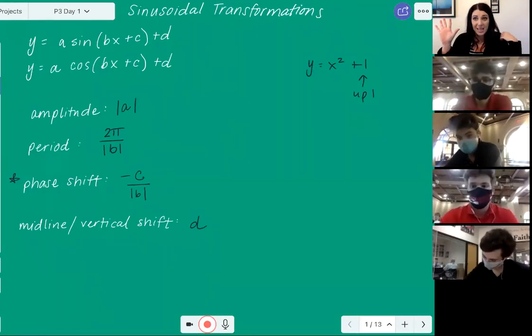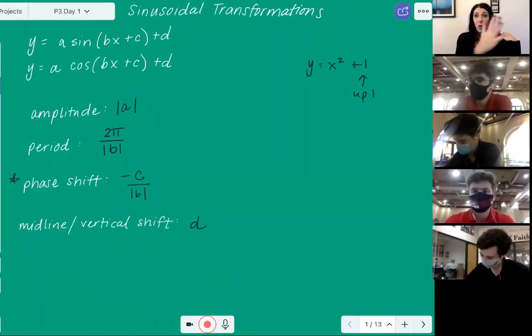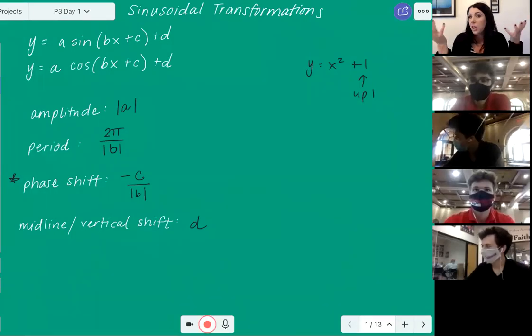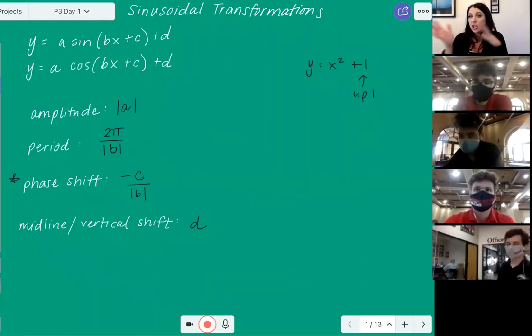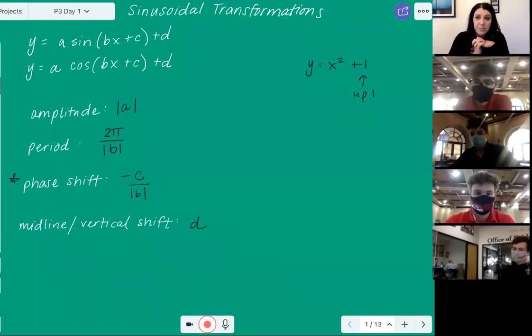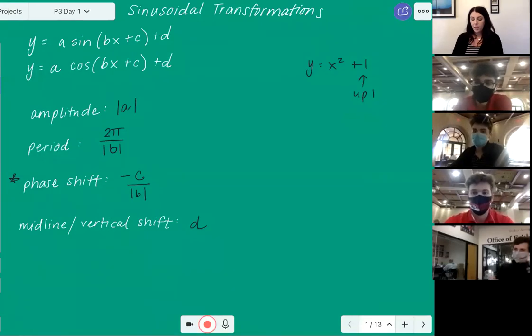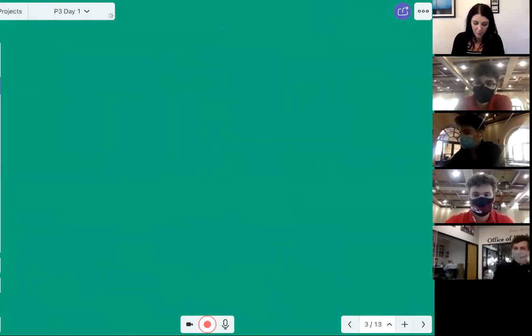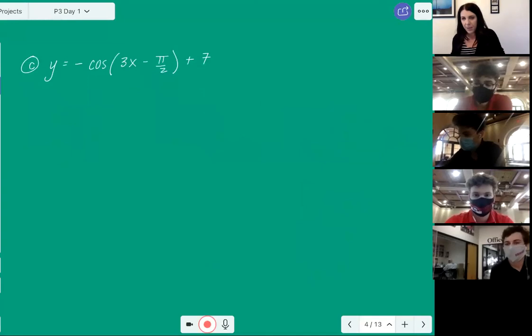But your period would still be a positive number. And your phase shift is only affected left or right by the sign of C, not the sign of B, and I mean S-I-G-N, positive or negative. Sorry, I wanted to adjust that. It hasn't come up yet anyways.